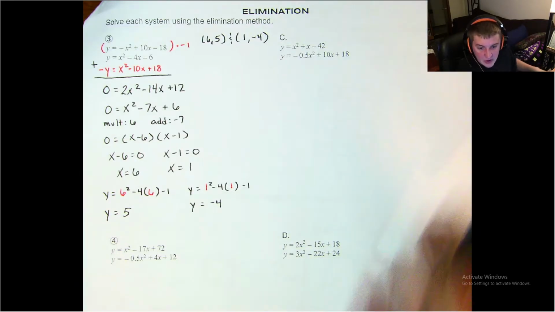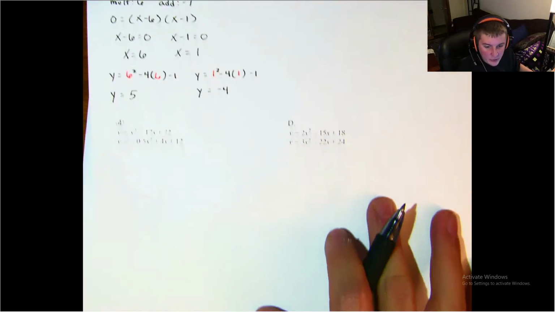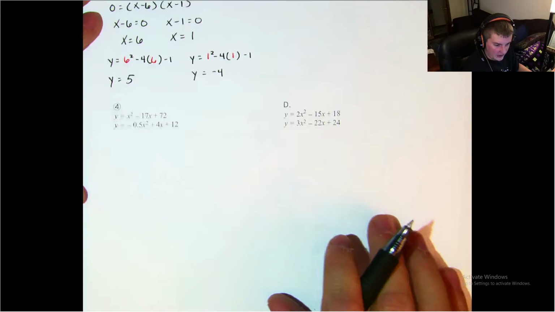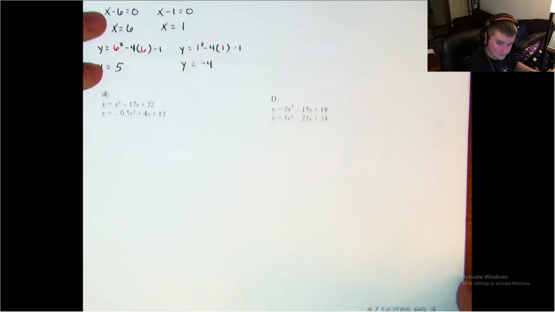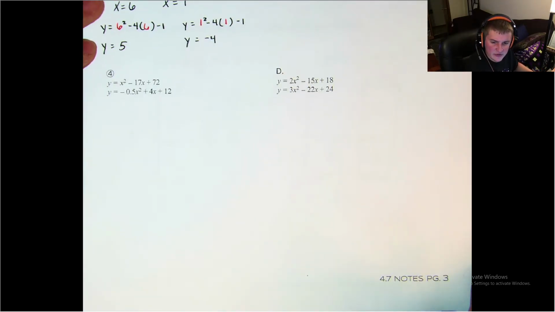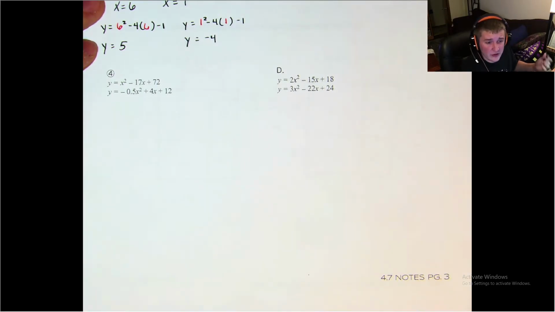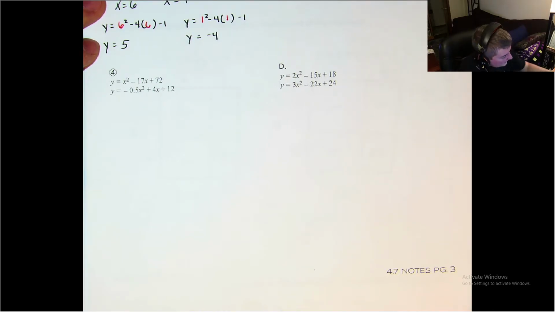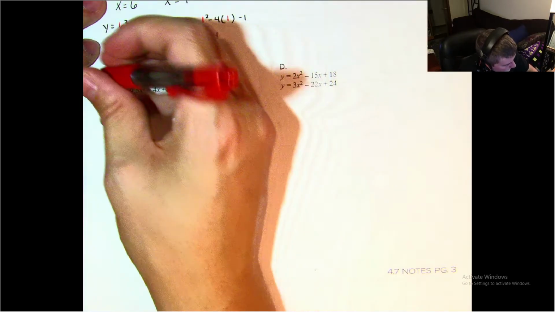Okay. Number 4, same concept here. I would need to multiply an equation here to create opposites. Realistically for all these problems, it's going to be the y variable. So if I want to do this to the y variable, I'm going to do this to the bottom one here.